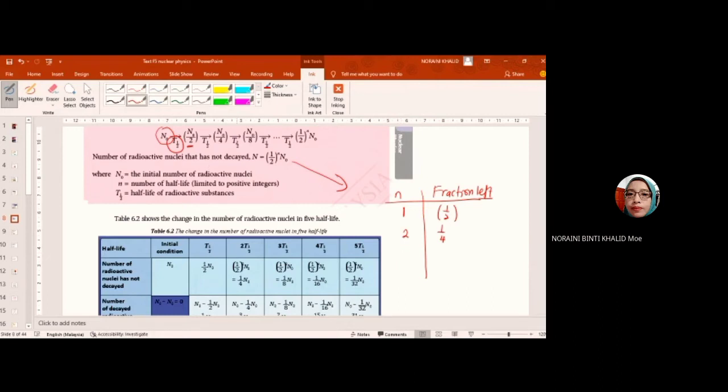After three half-lives, it becomes 1 over 8. After four half-lives, the fraction left is 1 over 16. After five half-lives is 1 over 32.